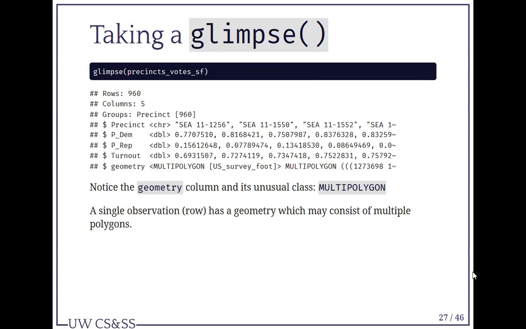So if we look at a glimpse, we'll see that we have 960 rows. They're grouped by precinct. We have precincts like Seattle here, some percentage of votes for Dems, some percentage of votes for Republicans, the voter turnout in that precinct, and then our geometry column says a multipolygon, US survey foot, and has a bunch more information just here for our first cell.